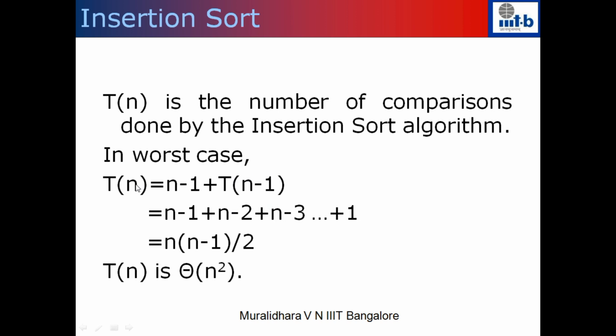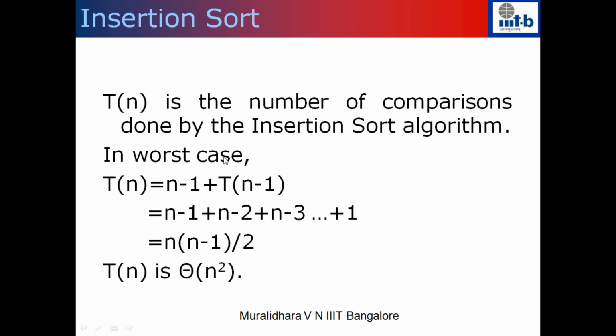So in order to insert one number, assuming that the sequence is already sorted with n minus 1 numbers, it is exactly n minus 1 plus the number of comparisons required to sort the n minus 1 numbers. So T of n will be n minus 1 plus T of n minus 1. As seen before, this will be theta of n square.